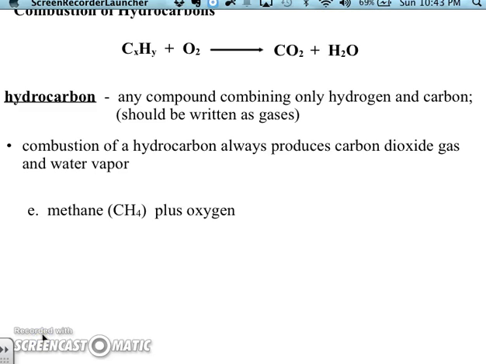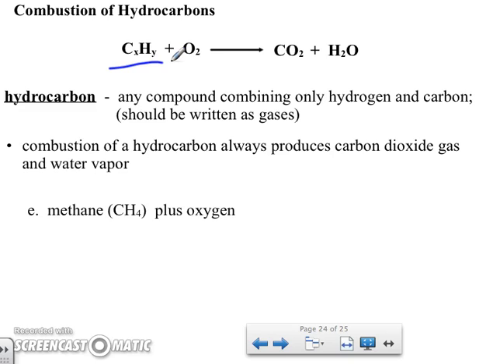The last thing we have to look at is a special type of combustion, combustion of a hydrocarbon. A hydrocarbon, by definition, is exactly what it says. Any compound combining only hydrogen and carbon, and they should always be written as gases. If we take a look here, this CxHy is a hydrocarbon.